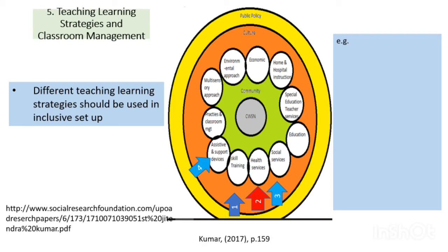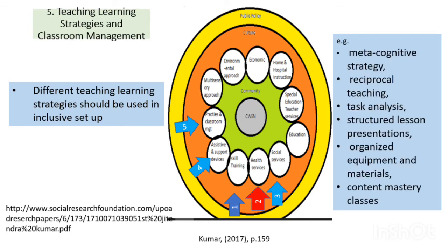So under this, different teaching learning strategies should be used in an inclusive setup. Another is that, these are the following examples. In dealing with children with special needs, reciprocal teaching must be there, task analysis must be there, and so on and so forth.